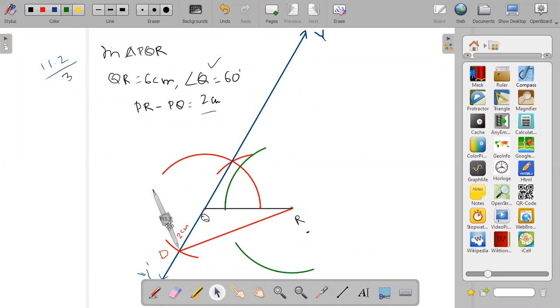This arc should be intersected by another arc from the other point. That's it. Now you can join these two points.